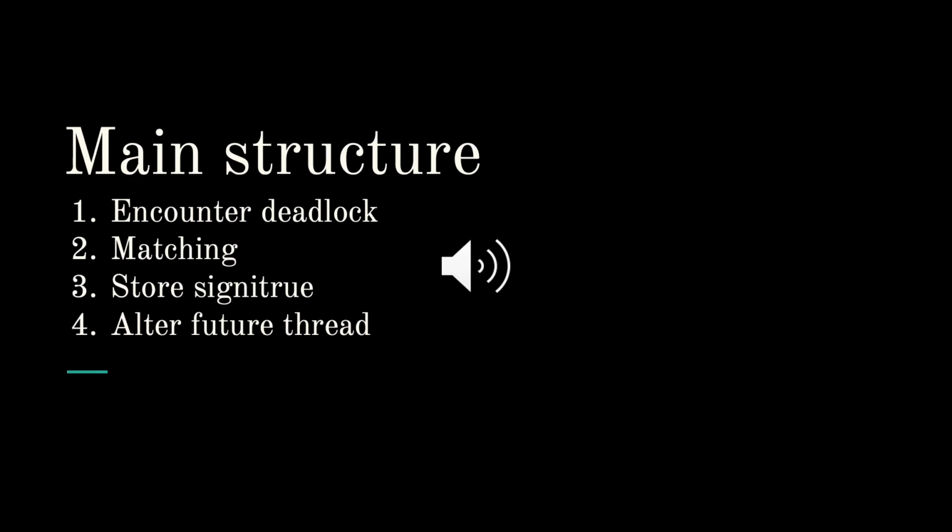How does Dimmunix learn from fixed deadlocks? The main idea is that the program develops antibodies matching observed deadlock patterns, stores them in a persistent history, and then alters future thread schedules in order to avoid executing patterns like the ones previously seen.